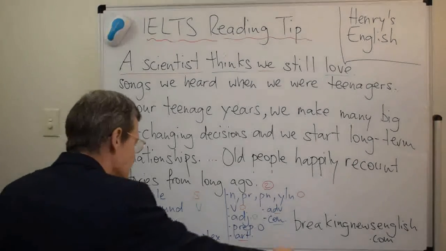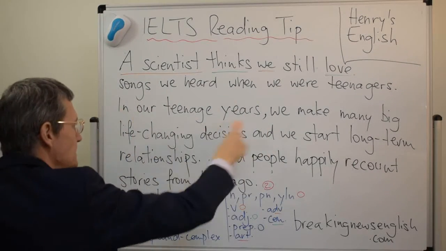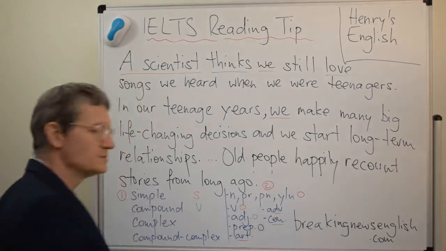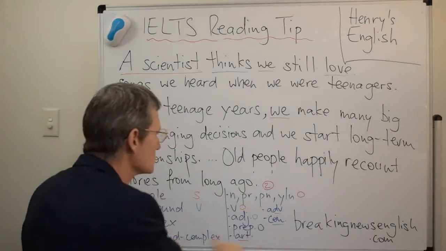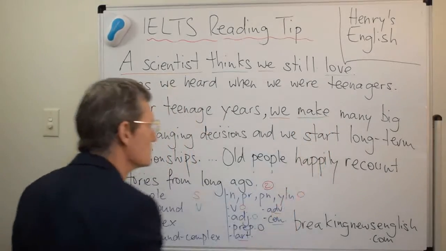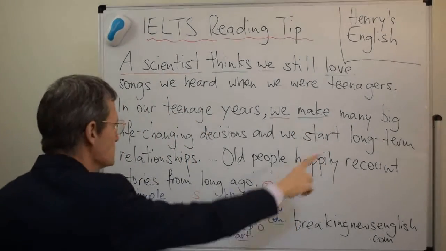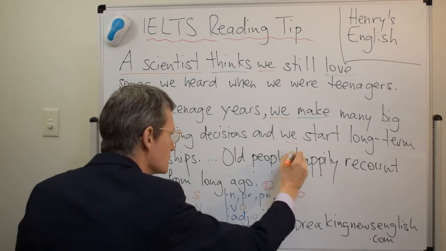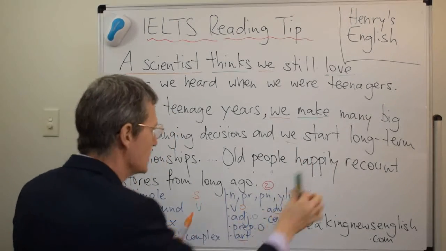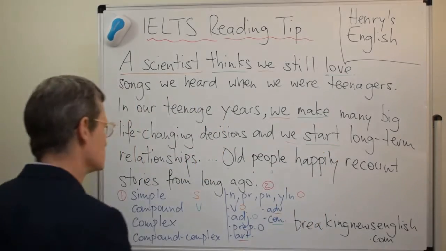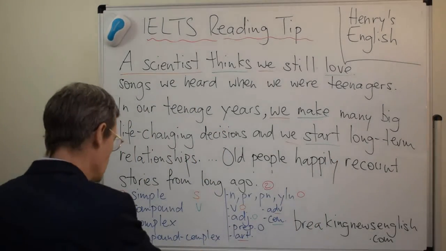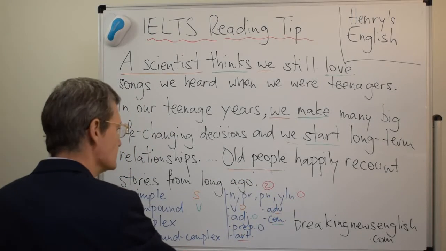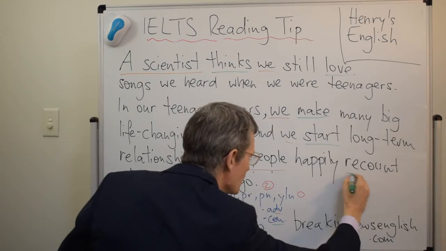So we've got here, in our teenage years, this is a time phrase. We is a subject. Make is the verb. And then we've got the rest of the sentence. And we, subject, and start is the verb. And then finally we have old people is the subject, and recount is the verb.